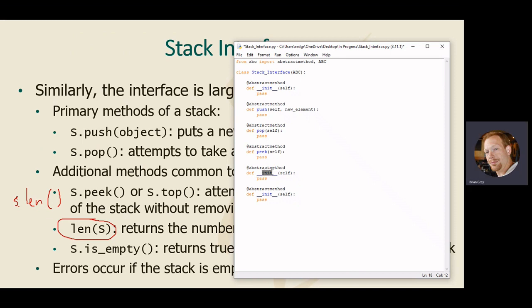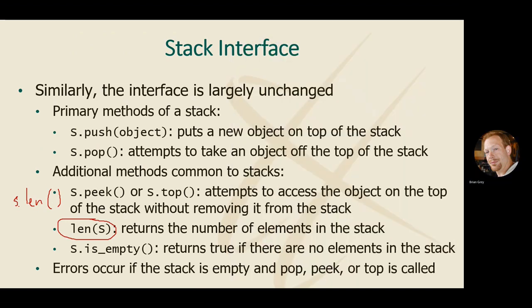Yeah. If we say this, dunder len, that's a magic method that says when someone calls the len function and puts an object in, I should look in this method to provide the details on how len works. Pretty cool. Let's roll with that.